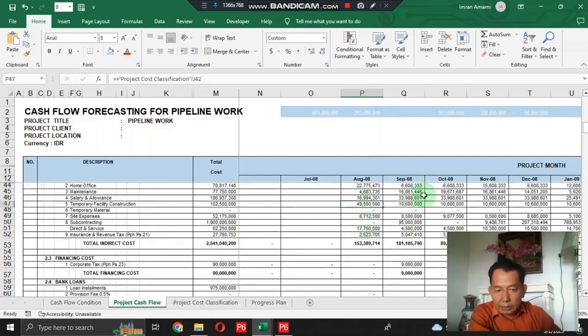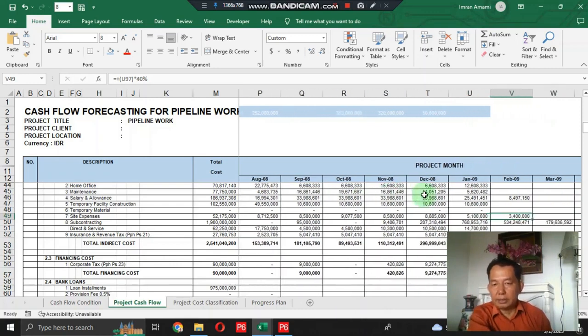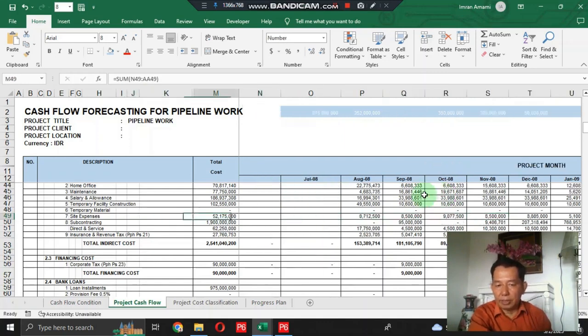This is the reference cell R97 here, S97, T97, U97, but multiplied by a percentage, divided by 2. In this section it is 60%, and the remaining percentage is 40%, using the cell U97. Let me check the other one.